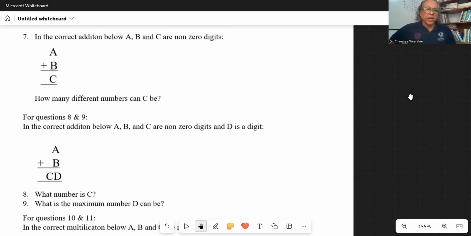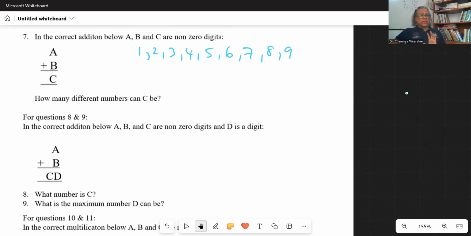So A plus B is equal to C, and A, B, and C are non-zero digits. We know the digits, and non-zero digits: 1, 2, 3, 4, 5, 6, 7, 8, 9. Actually, there are 10 digits, but these are non-zero, so I did not write 0.